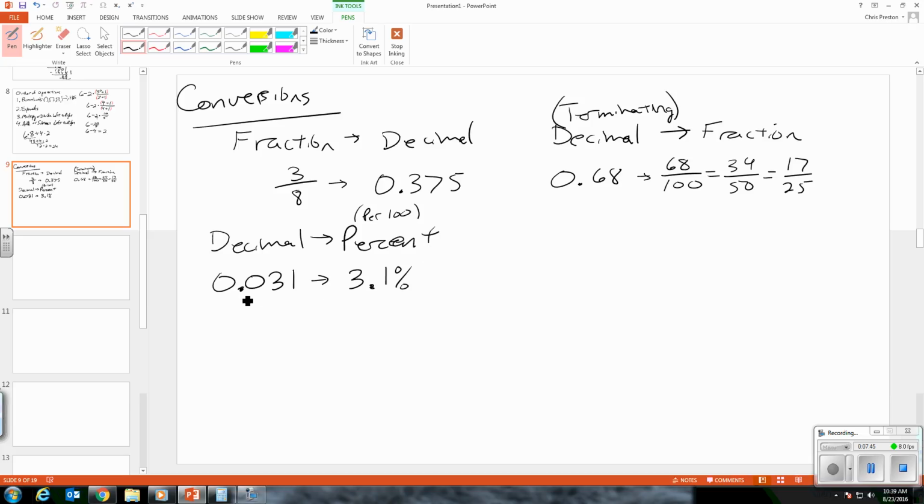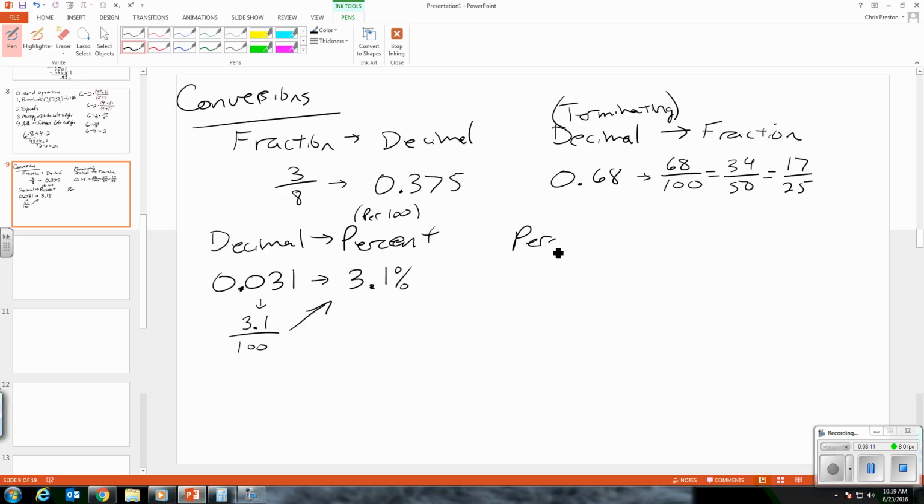So if I want to think about turning this into a fraction, but not a full fraction, just over 100, I go, where's the hundredths place? Well, it's where the 3 is. So this would be 3.1 hundredths, hence 3.1%. Usually what you think about is you just move the decimal 2 spots to the right to turn it into a percent.